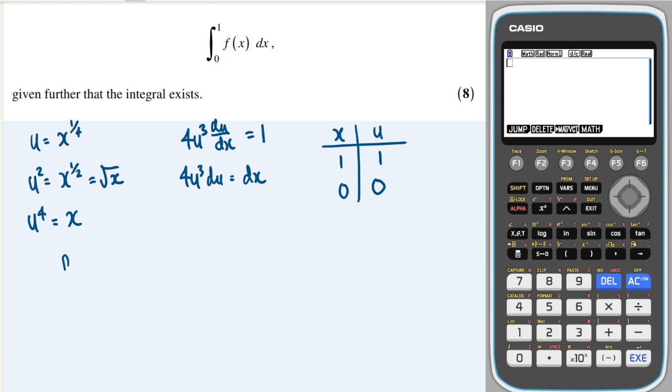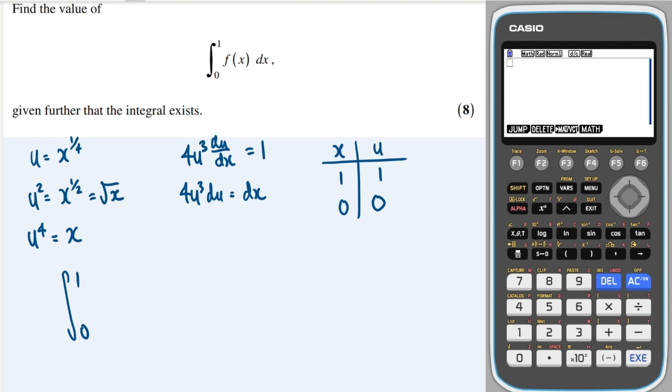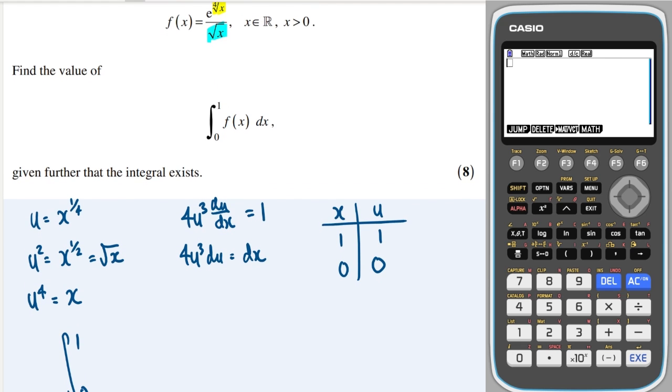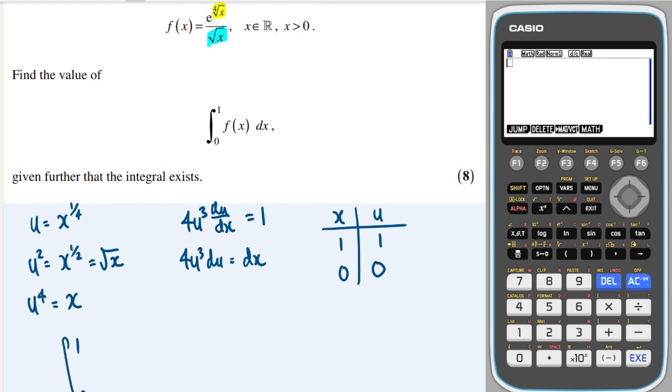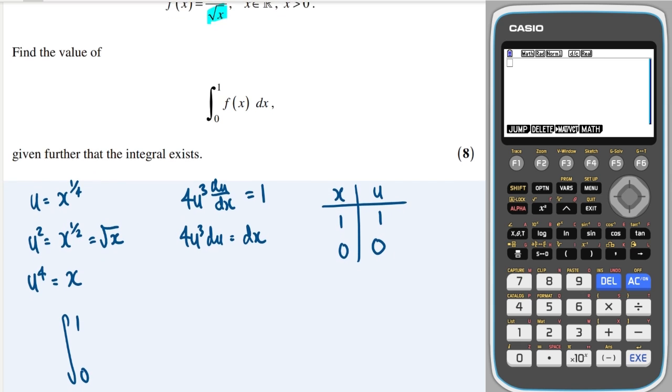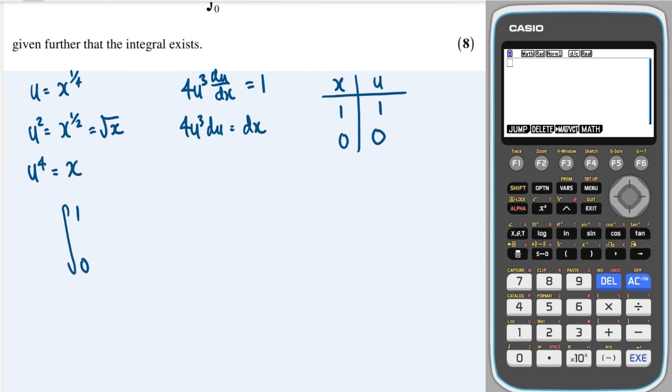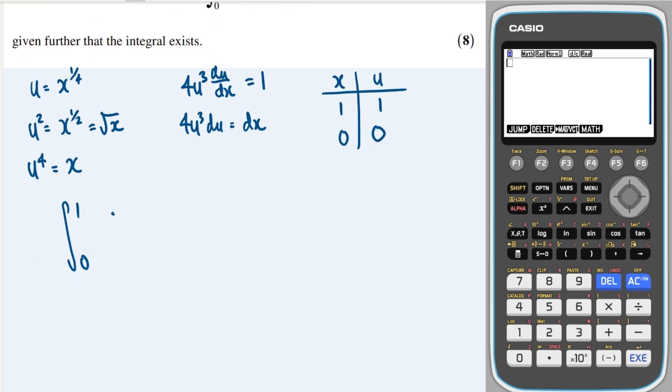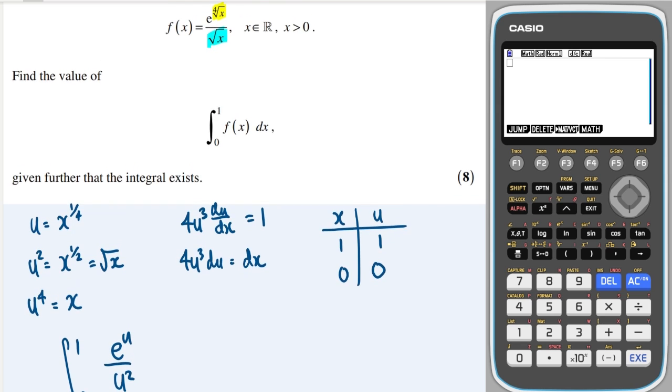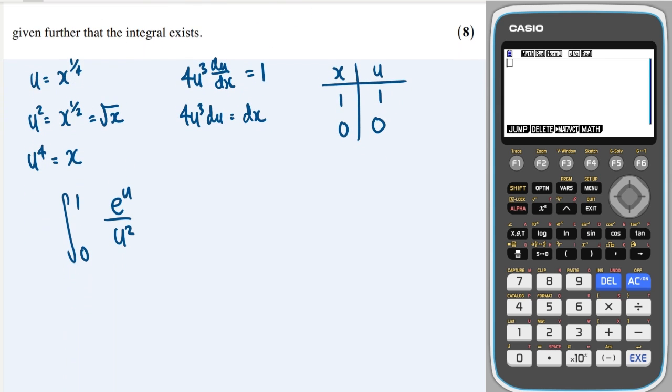Okay, so the integral is still between 1 and 0. And we have e to the u on top, and u squared on bottom. And then we have dx, which needs to be replaced with 4u cubed du.